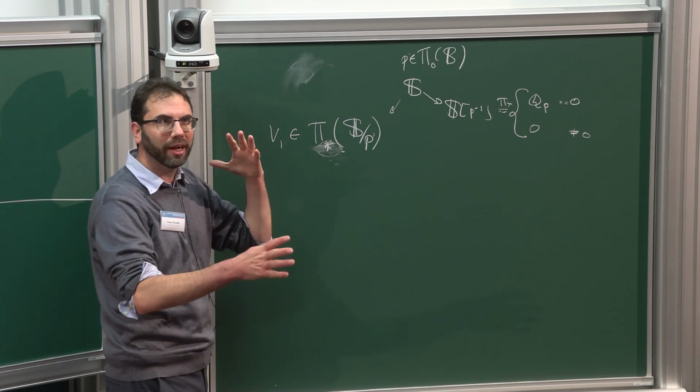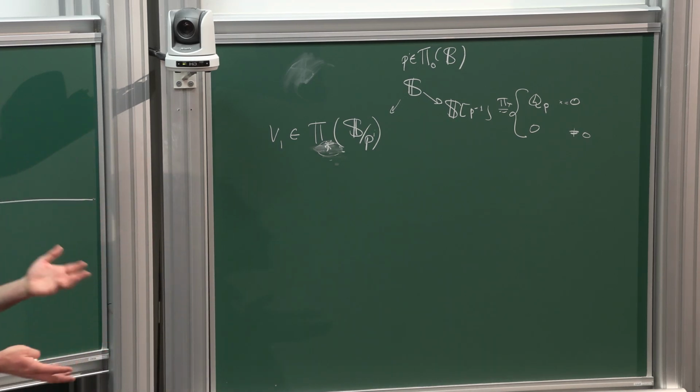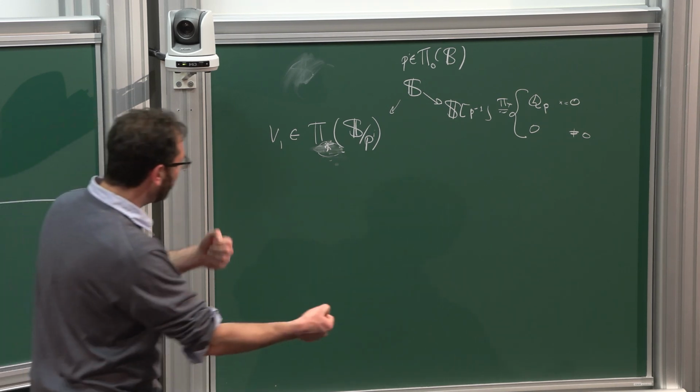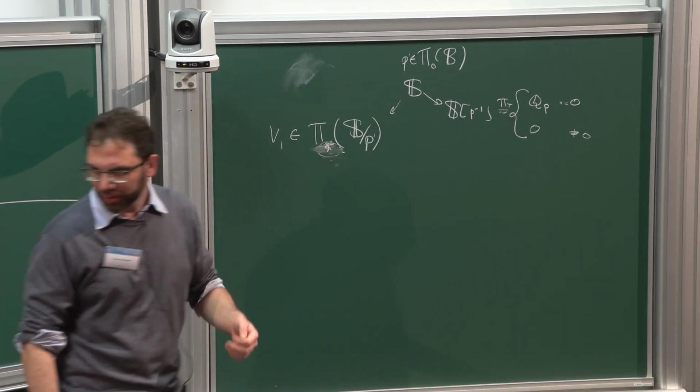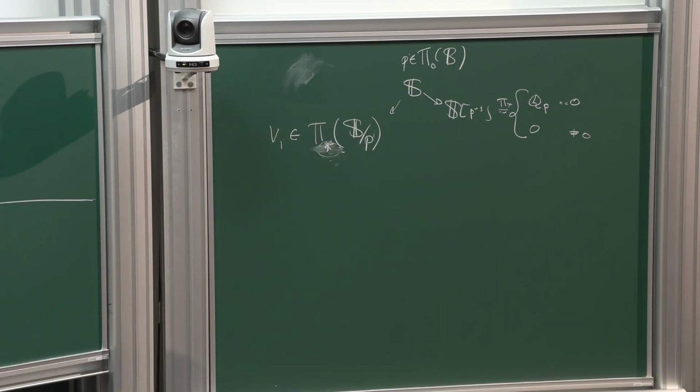So up to taking powers, everything is defined and unique as much as you want, but you might have to change the powers to get any specific level of good behavior. Okay, so that's the situation.